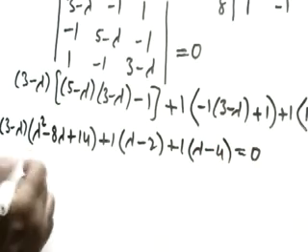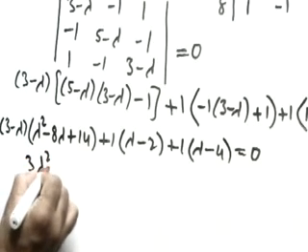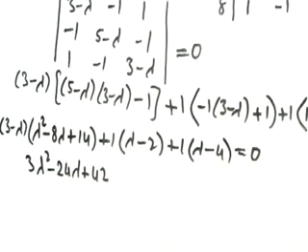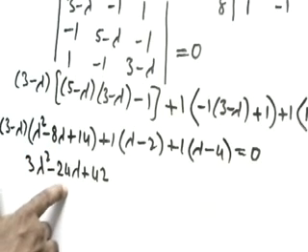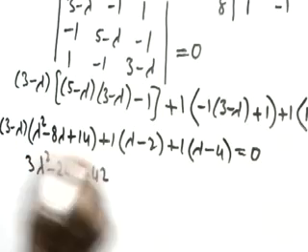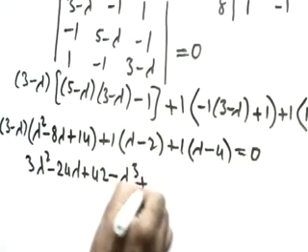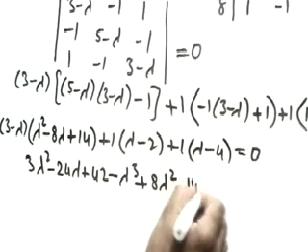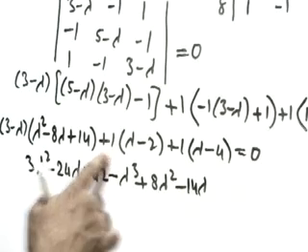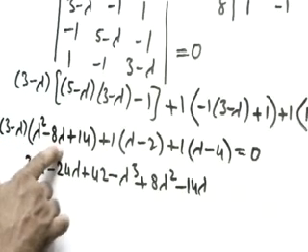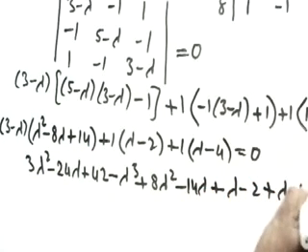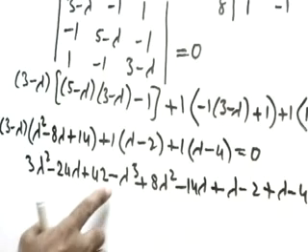Now you multiply with 3. 3 into lambda square is 3 lambda square, 3 eights are 24 lambda, 3 fourteens are 42. Minus lambda into lambda square gives minus lambda cube, plus 8 lambda square, minus 14 lambda, then plus lambda minus 2, plus lambda minus 4, equals 0.